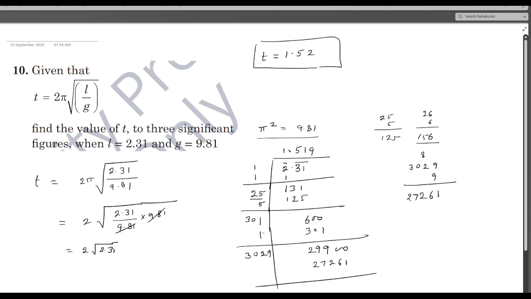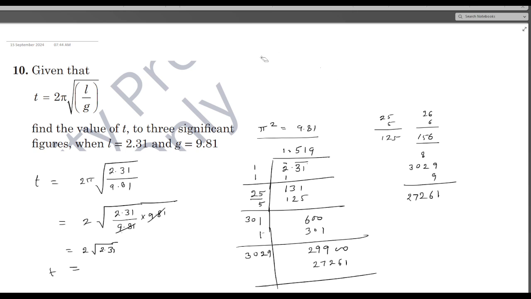This is the value of root of this. So here I have to multiply this 2 with the given answer. So 2 multiplied by 1.519.